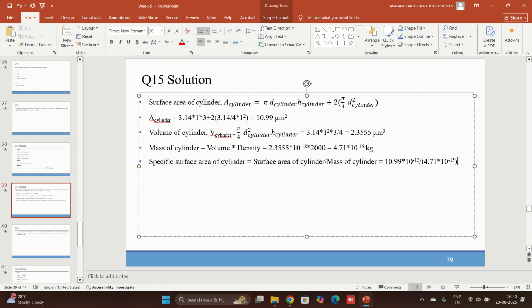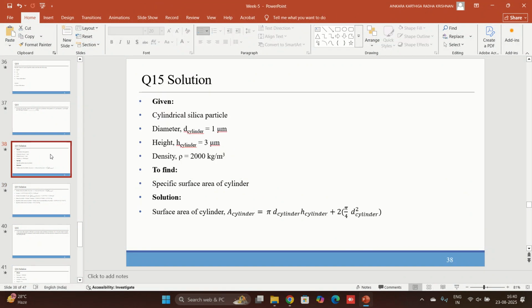So we need to divide it. 10.99 divided by 4.71 into 10 power 3 is 2333.33 meter square by kg. So specific surface area of cylinder is therefore 2333 meter square per kg. I hope it is clear.